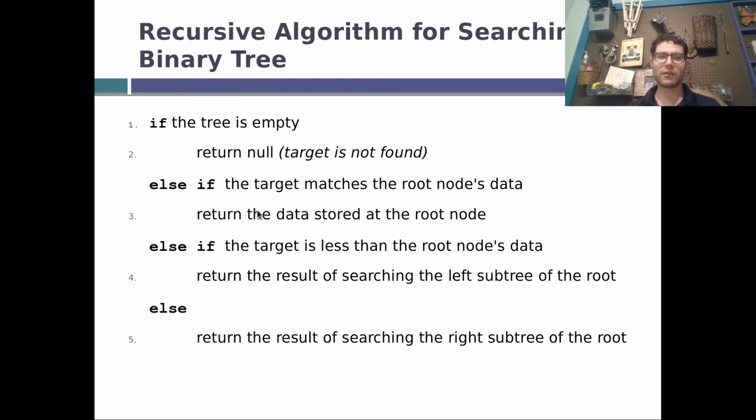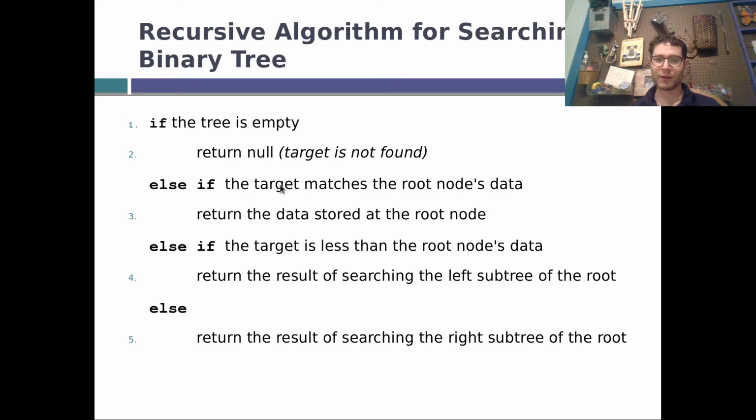And the way it does so is it uses what I've referred to as the zigzag algorithm. This is the first of the two algorithms that you need to master for trees, and it's very easy. Base case: if the tree is empty, we return null because we couldn't find what we were looking for.